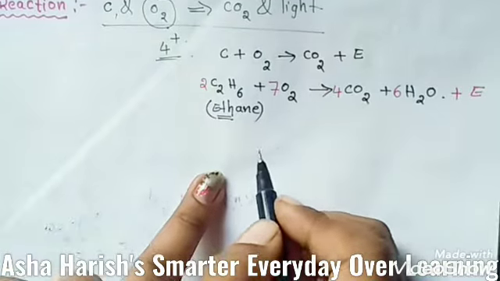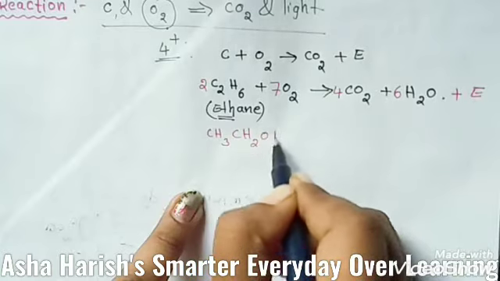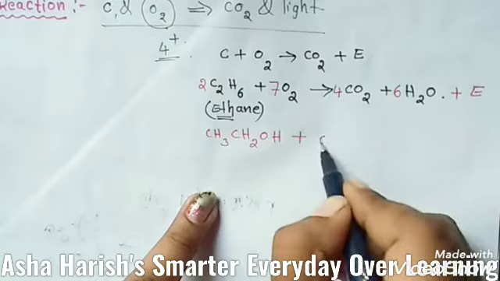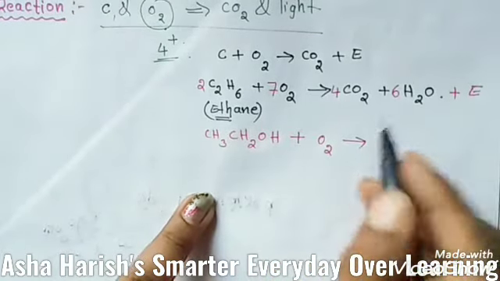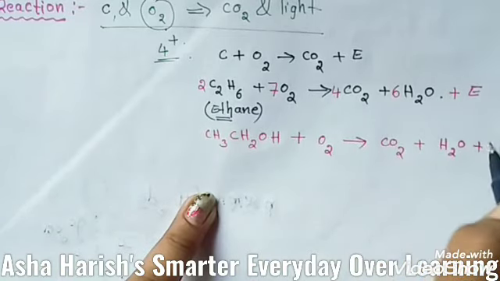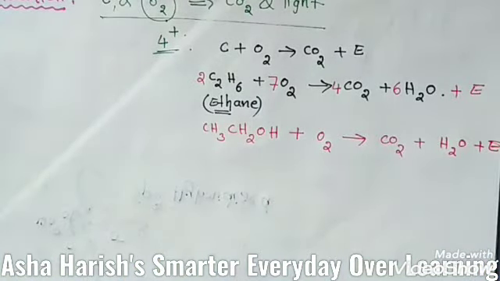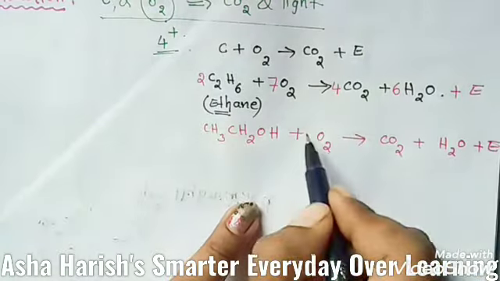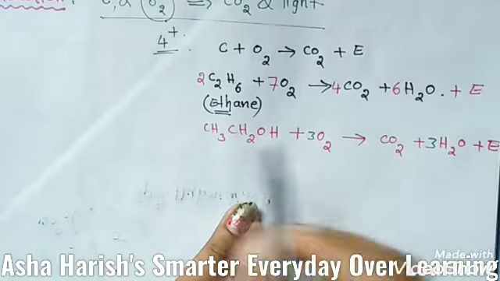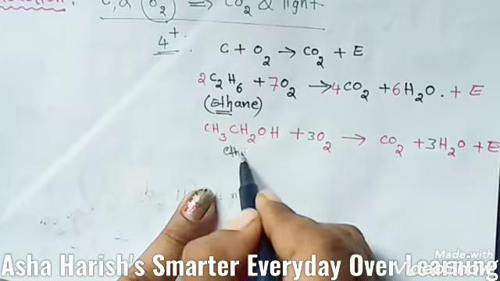And here let's see the third example, CH3CH2OH. OH is the alcoholic group. This is ethyl alcohol. In the combustion of this ethyl alcohol, again the products are the same, CO2 plus H2O plus energy. Now students, let's balance this equation. Here 3O2 and 3H2O. Now if you count all the atoms present on both sides, it should be balanced, ethyl alcohol.